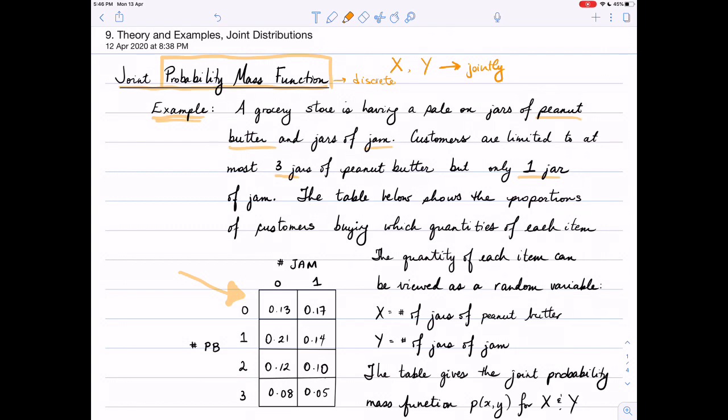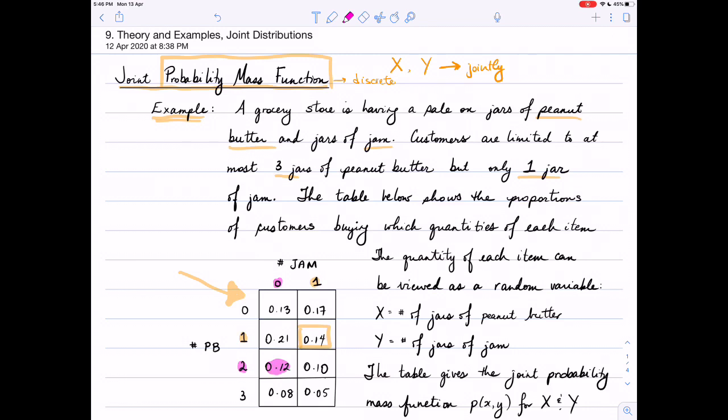For example, 14% of customers bought 1 jar of peanut butter and 1 jar of jam, whereas 12% of customers bought 2 jars of peanut butter but no jam.